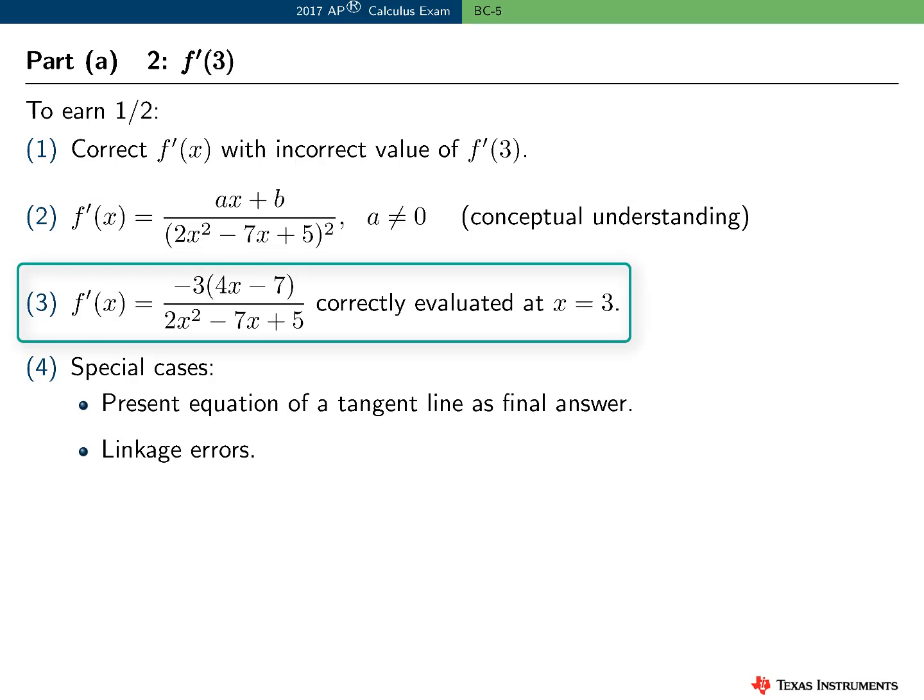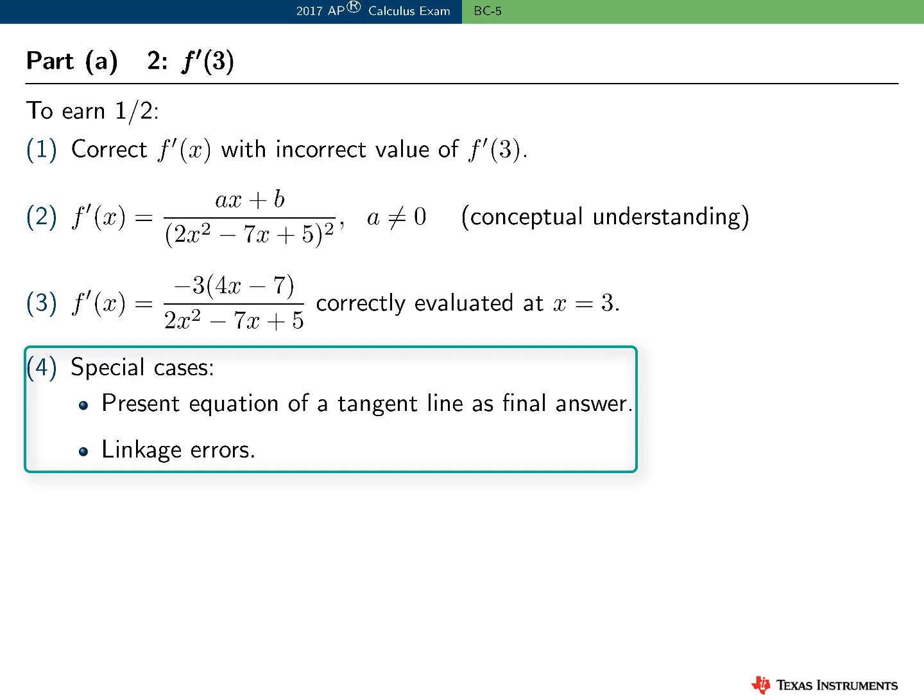If there was a missing square in the denominator of f prime of x, but this expression was evaluated correctly at x equal to 3, the student would earn 1 point. And there were some special 1-point cases in which students presented an equation of the tangent line as their final answer, or they linked unequal expressions with equal signs, called linkage errors.